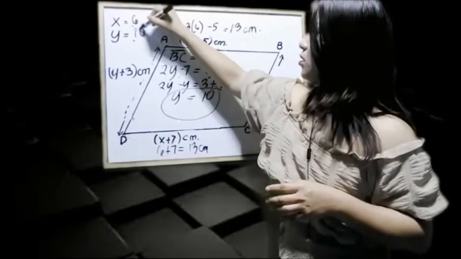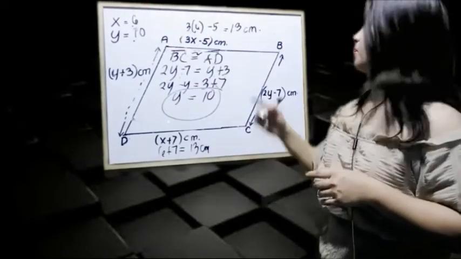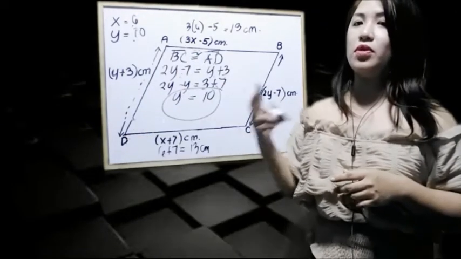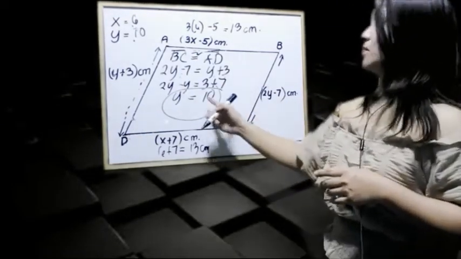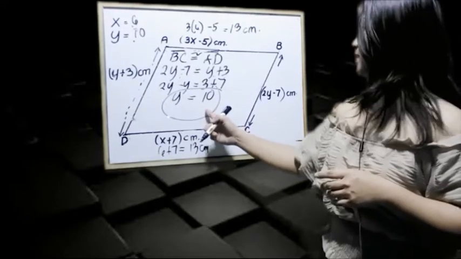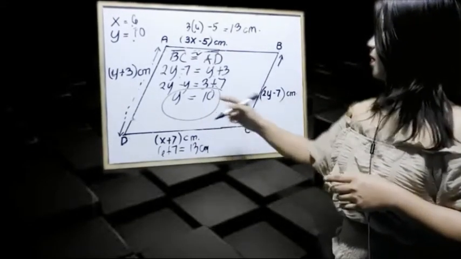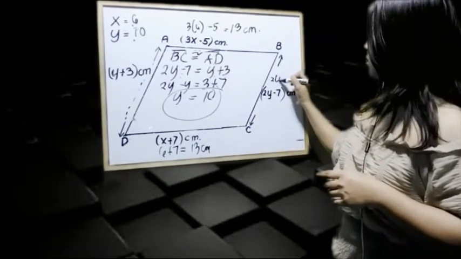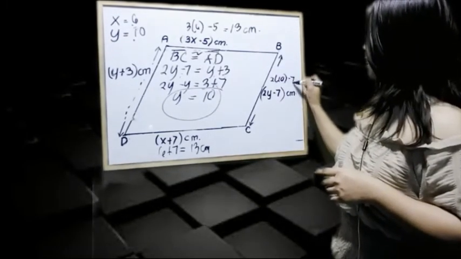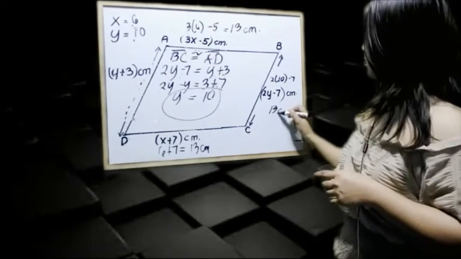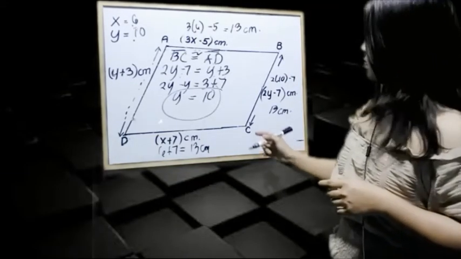So in order to find the exact measure of line segment BC and line segment AD, which are two congruent or parallel sides, you have to substitute the value of y, which is 10. So instead of 2y minus 7, that will be 2 times 10 minus 7. 2 times 10, 20, minus 7 will give you 13. Oh, this must be a rhombus. 13 centimeters.